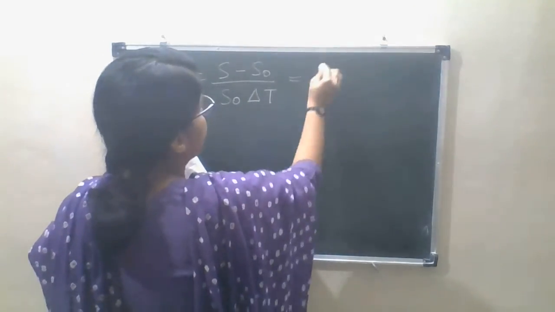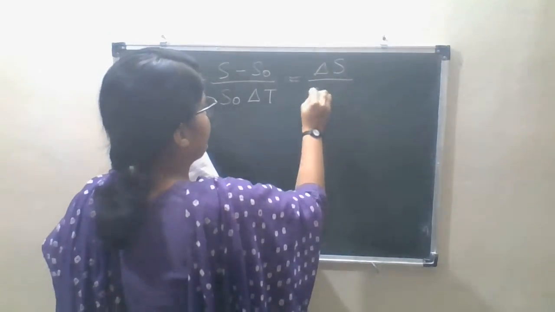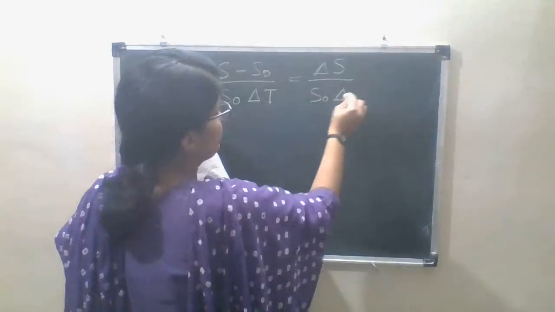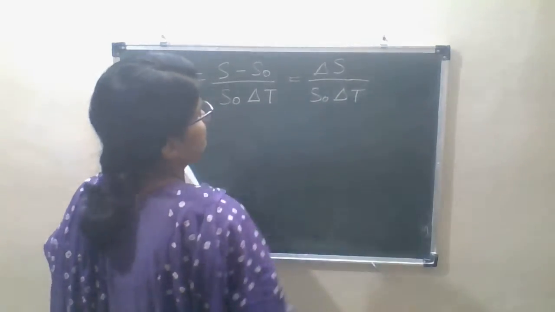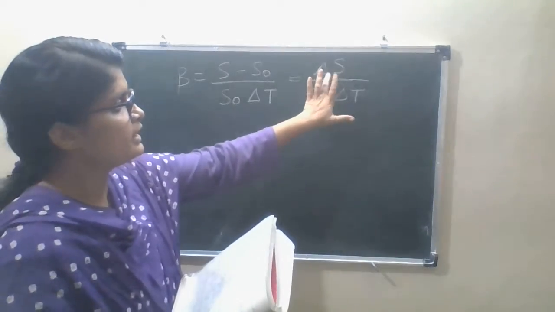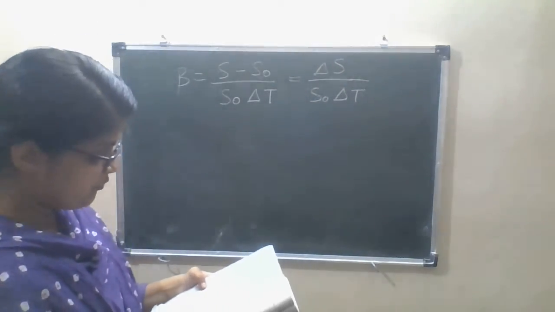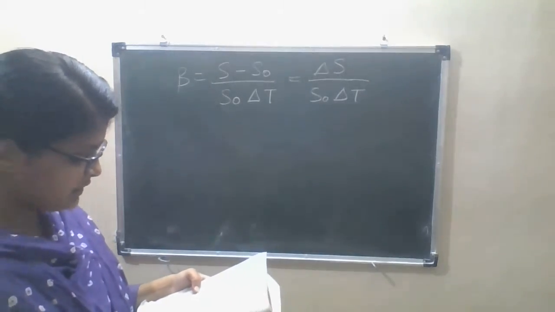That is also denoted by delta S upon S0 delta T. The same is there; in that case it was delta L upon L0. No changes there, everything is the same.